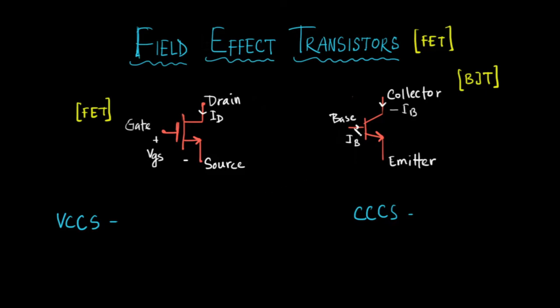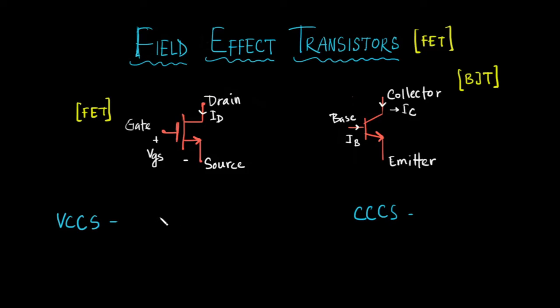In the BJT, the input current controlled the output current, the collector current: IB controlled IC. In this case, the input voltage VGS, the gate to source voltage, controls the output current ID. So from a source perspective, the field effect transistor is a voltage controlled current source.